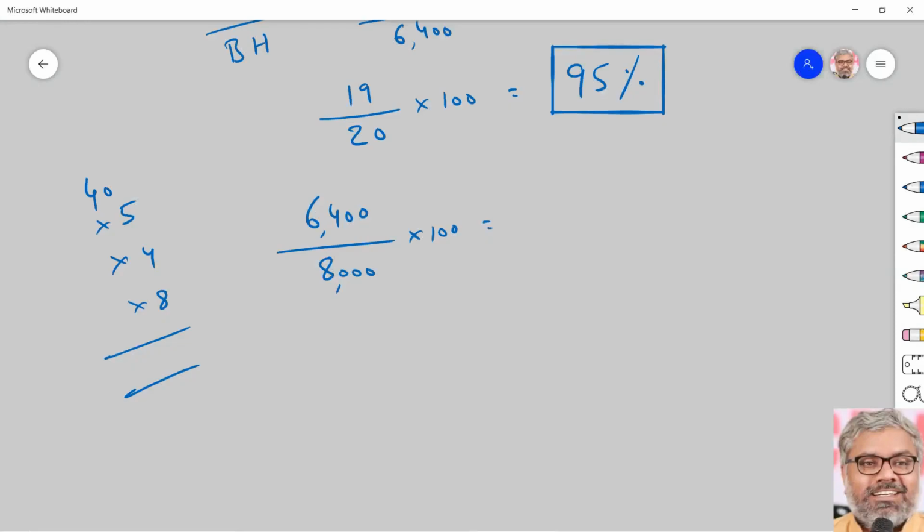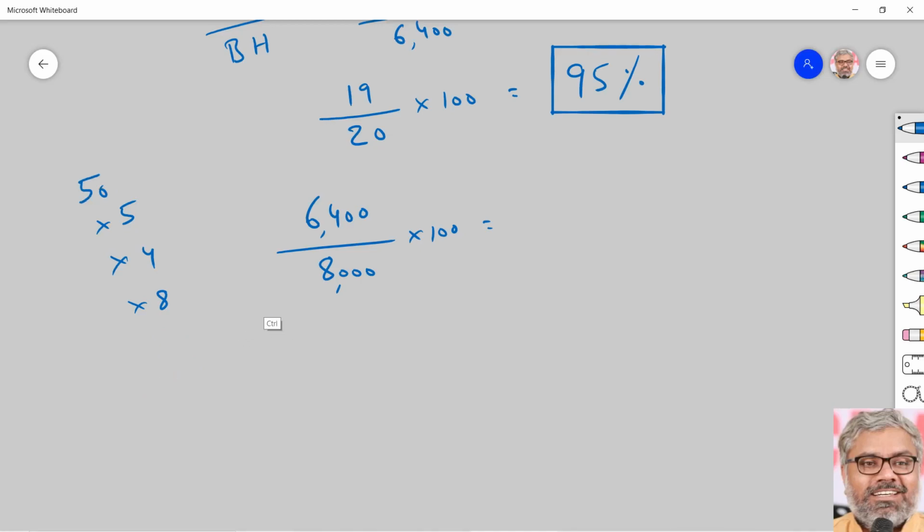Budgeted was 5 days a week, 4 weeks a month, 8 hours a day. So 40 into 5 into 4 into 8, that is 6,400 hours. That is budgeted hours. So both can be calculated like that.